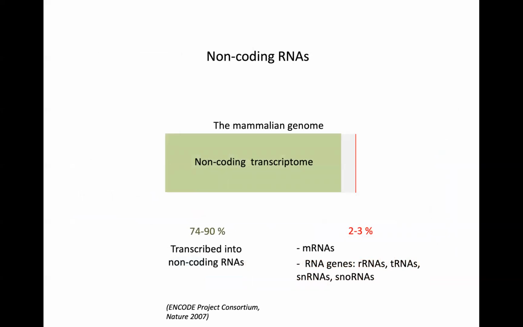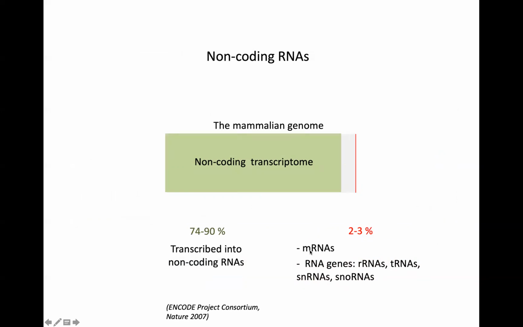And this is of particular interest if we take into account some characteristics that many non-coding RNAs share. So we know that in the mammalian genome, 2 to 3% is either mRNAs or ribosomal RNAs, tRNAs, and other structural RNAs. But we also have a large part which is transcribed into other types of non-coding RNAs.